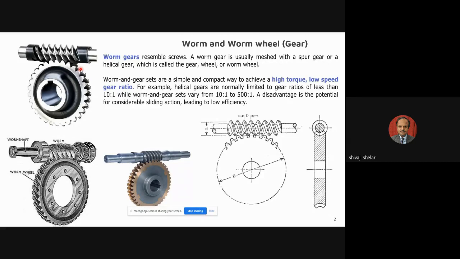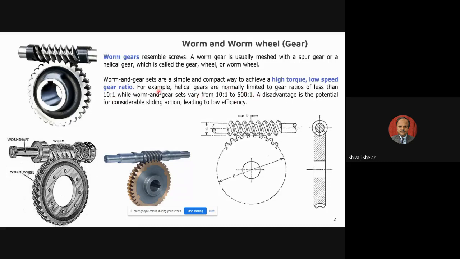Even whenever the ratio required is greater than 10, and it has to be achieved in a single or maximum of two stages, then we have to go for worm and worm wheel. So the worm and worm wheel can be used for a gear ratio of 10:1 to almost 500:1.